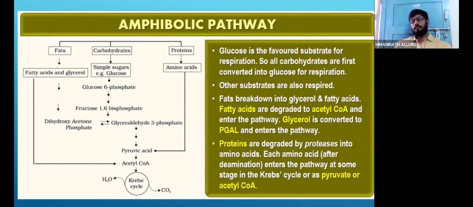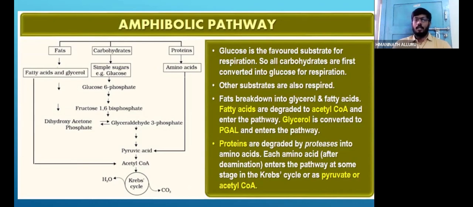They don't know that. So here we need to highlight that all the molecules have the ability to give energy, but the only job of the carbohydrate is to give energy, whereas the other molecules have some other work also to be performed in our living system. So it is an amphibolic pathway, which we need to highlight.